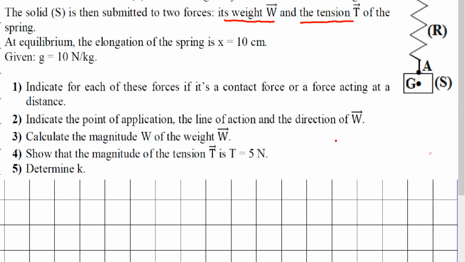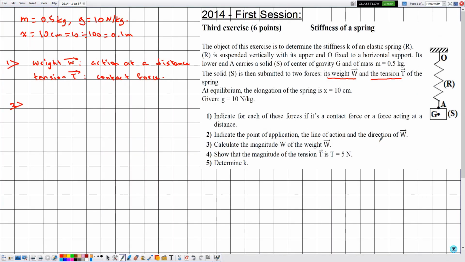Now in number 2 they are telling me to indicate the point of application, the line of action and the direction of the weight W. So let's start with the point of application.